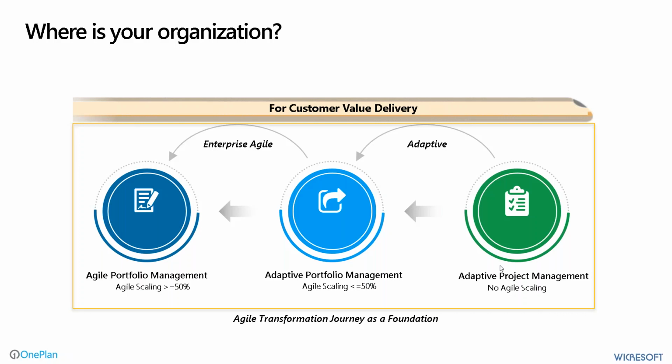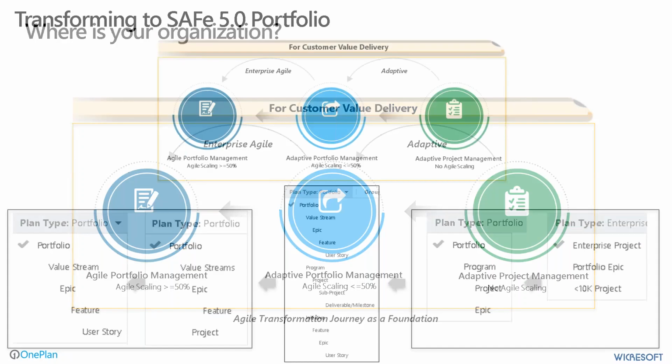On the left, you are doing primarily Scaled Agile or another framework that allows you to look at all those plans and manage from the Agile perspective exclusively. You might still have some waterfall plans, but you're really looking at the world through the Agile prism.